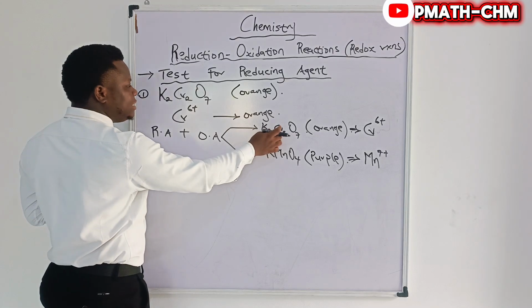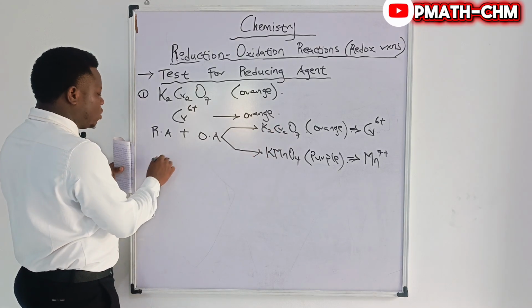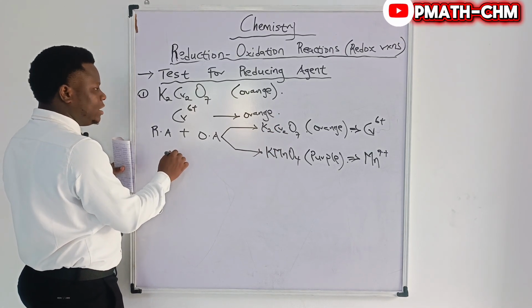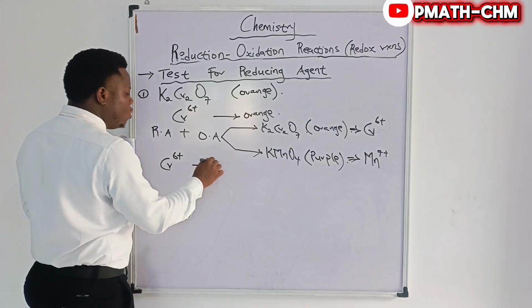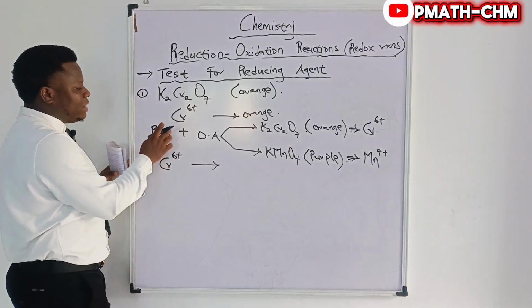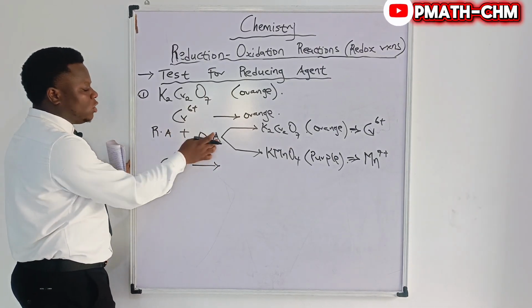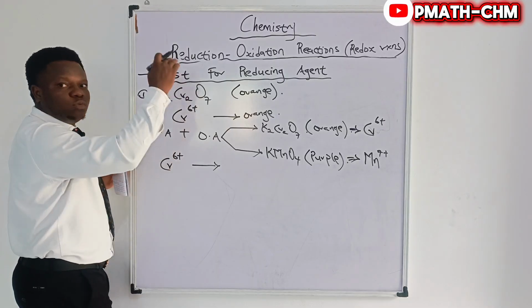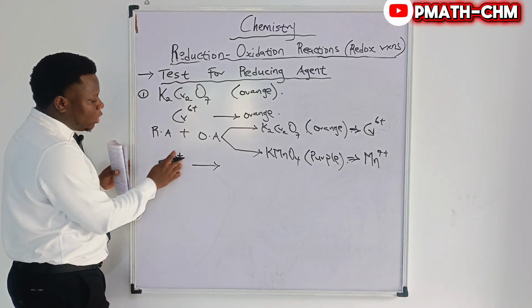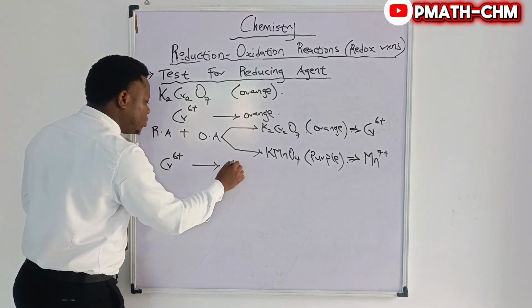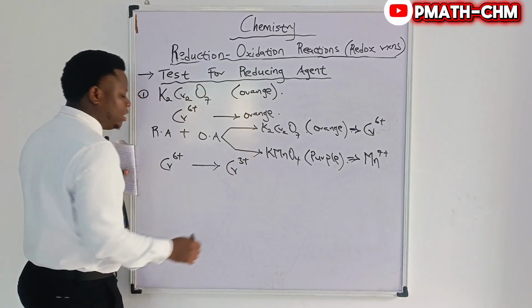If you are using this reagent, the change that occurs is what? The chromium(VI) ion would be reduced. Remember, you are reacting with the reducing agent. Reducing agent causes the oxidation number of something to reduce. So the oxidation state of chromium reduces to Cr3+.